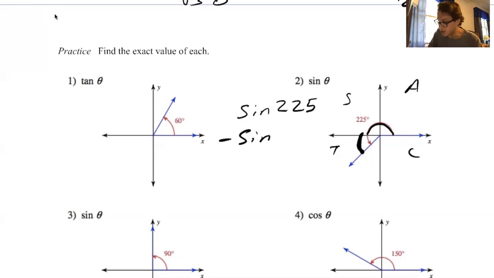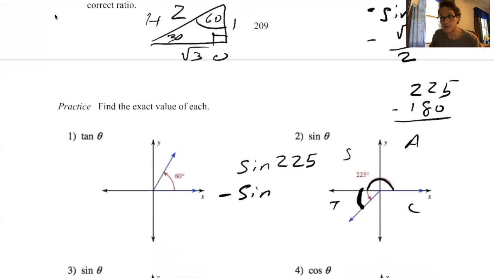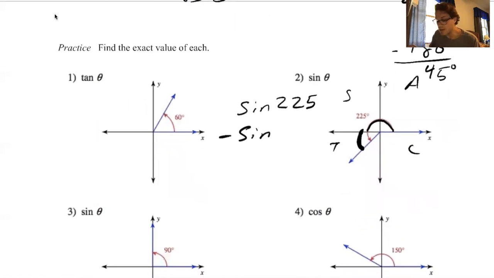So how much further do we have to go? Well, let's take out the 180 we already traversed, right? So 225 minus 180 gives us 45 degrees left over. That's how much would be left over in this angle. So sine of 225 is equivalent to negative sine of 45 degrees, right?